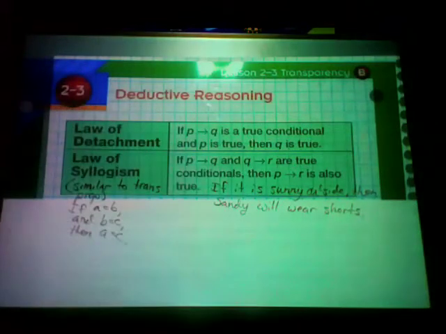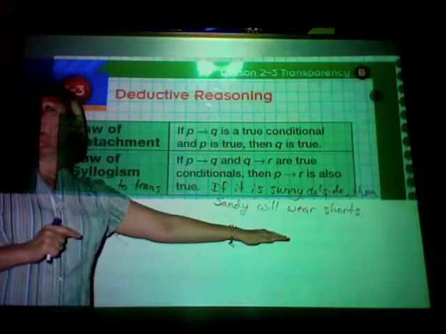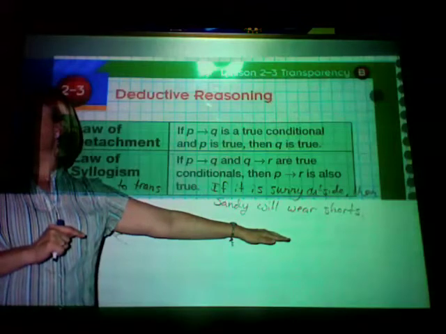Okay? Isn't that a full conditional? If it is sunny outside, then Sandy will wear shorts. Look at how your next conditional looks. Your next conditional has got to start with if Sandy wears shorts, because isn't that your conclusion of the first one?